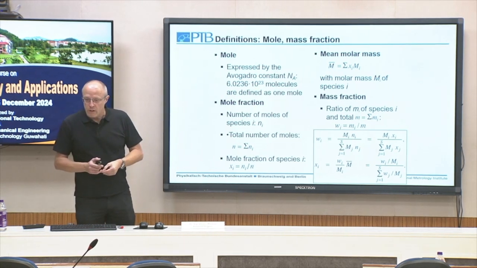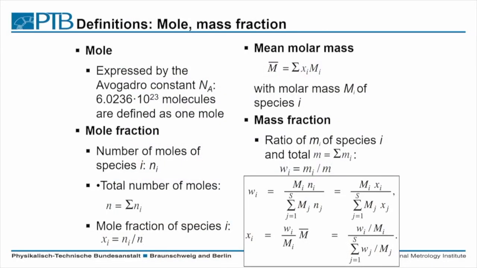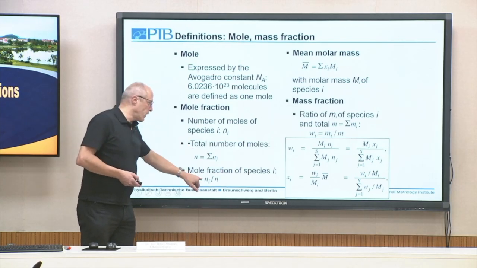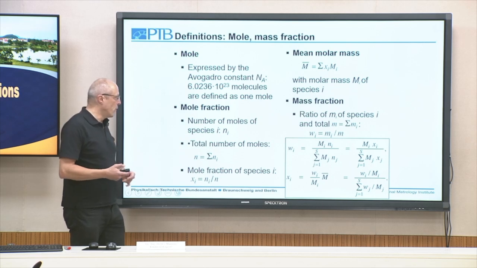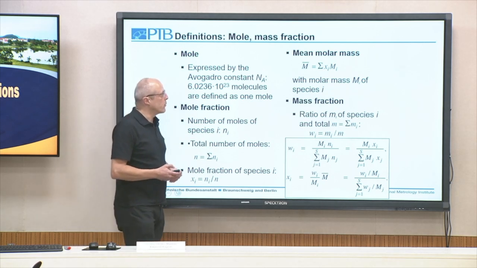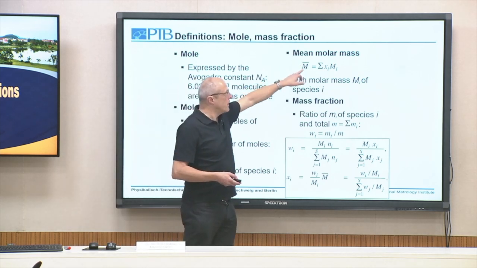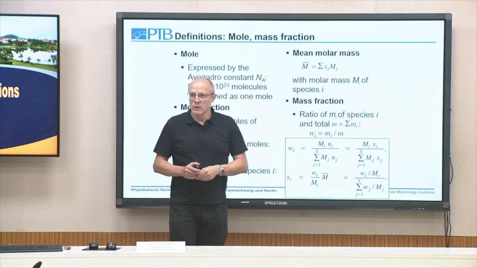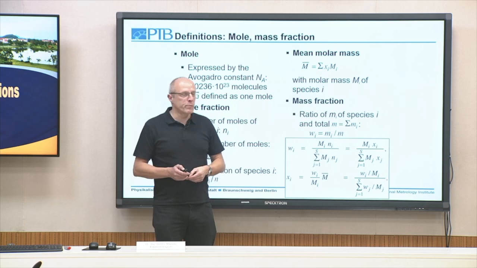So we have the mole fraction: with the number of moles of species i, N_i, the total number of moles is the sum of the N_i, and the mole fraction of species i is the ratio of its number of moles divided by the total number. We have the mean molar mass, which is the sum of the mole fraction times the molar mass of each species.